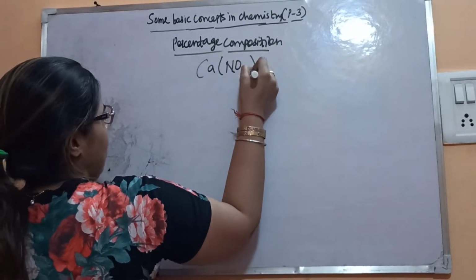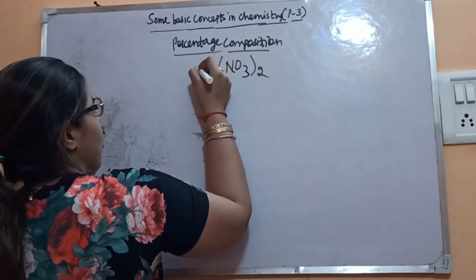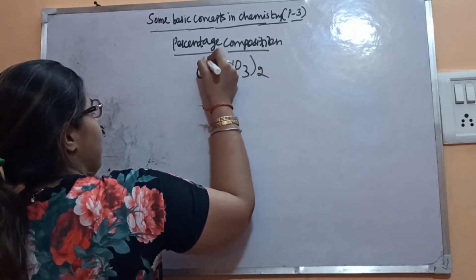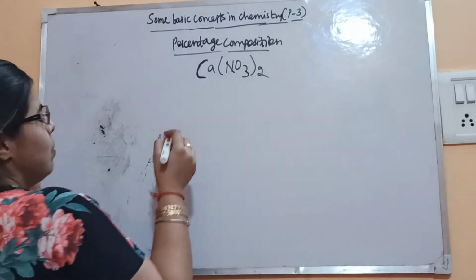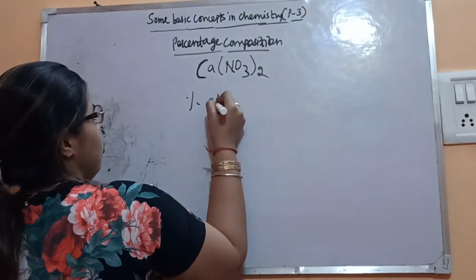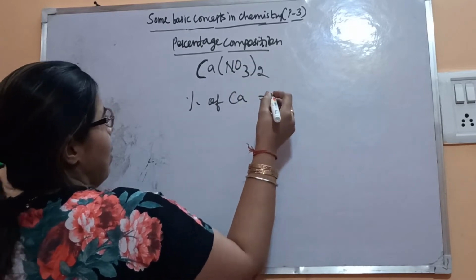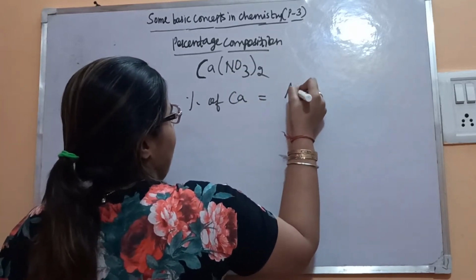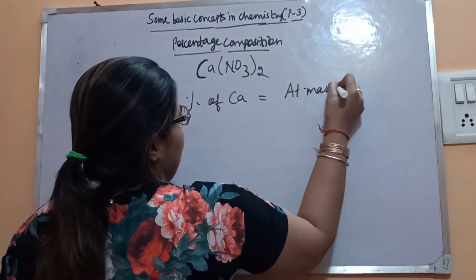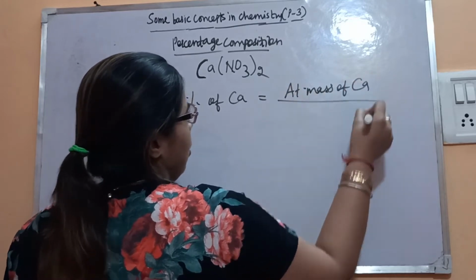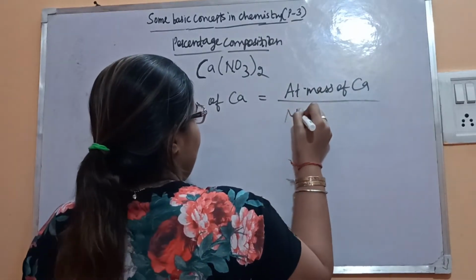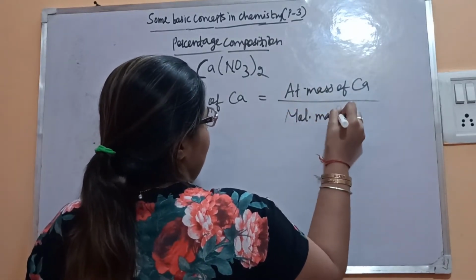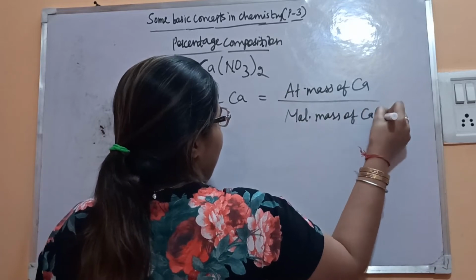The formula is required, so all of you should know how to make the formulas, as I already told you. Fine, so let's calculate the percentage of calcium in this compound. So atomic mass of calcium divided by its molecular mass of calcium nitrate.